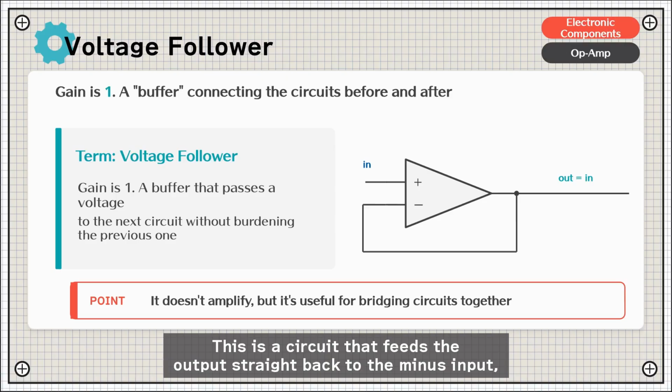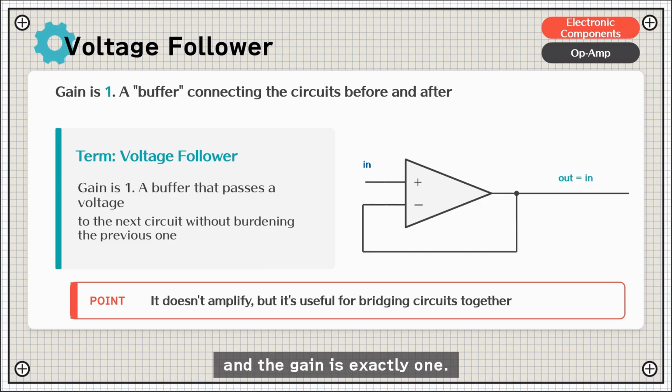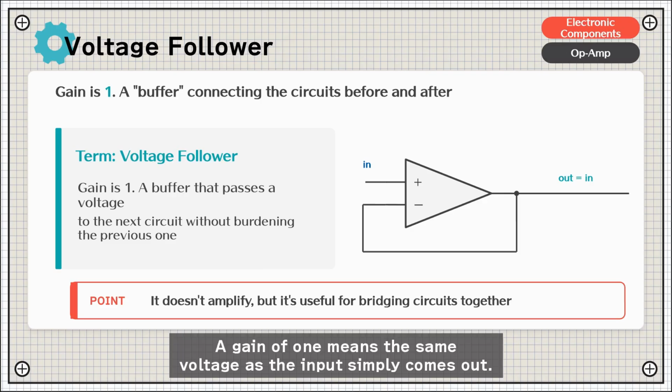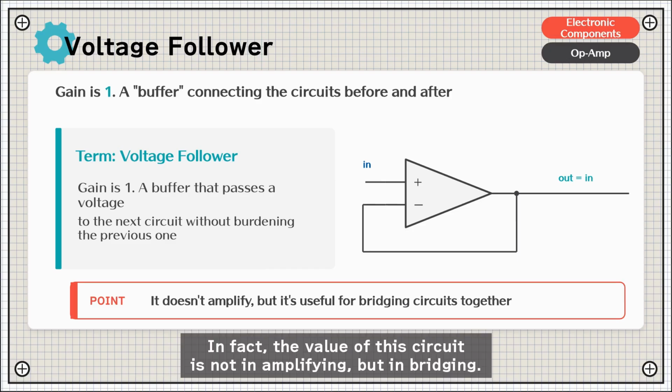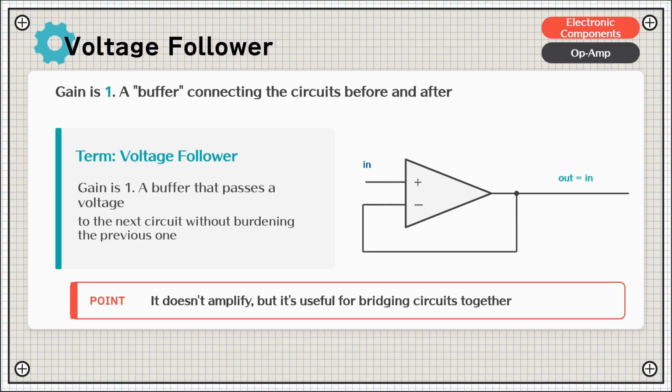This is a circuit that feeds the output straight back to the minus input, and the gain is exactly 1. A gain of 1 means the same voltage as the input simply comes out. You might wonder what good it does if it doesn't even amplify. In fact, the value of this circuit is not in amplifying, but in bridging.